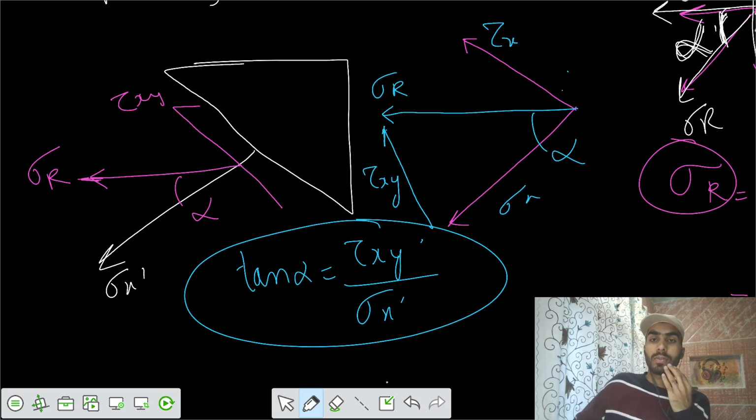This is our tau xy. We made a triangle, and we can write that tan alpha equals perpendicular by base.